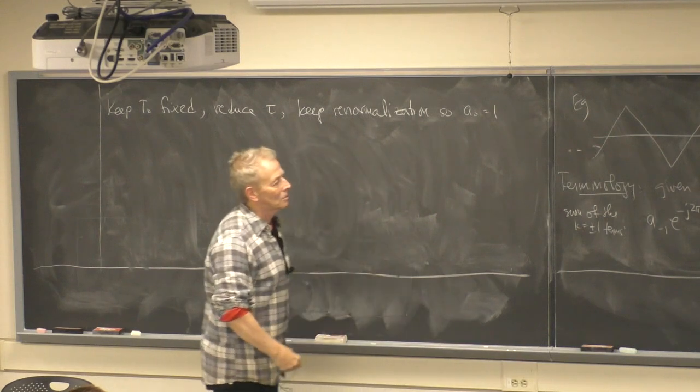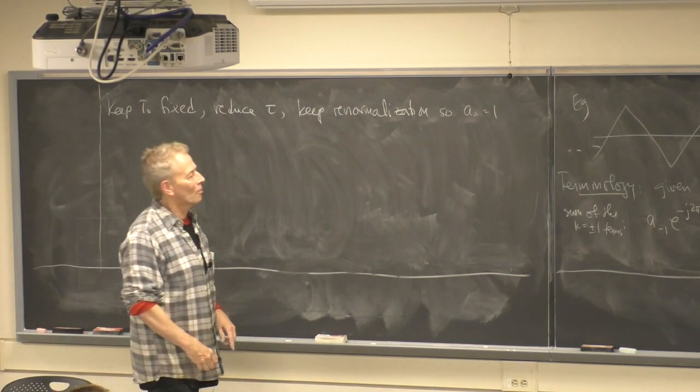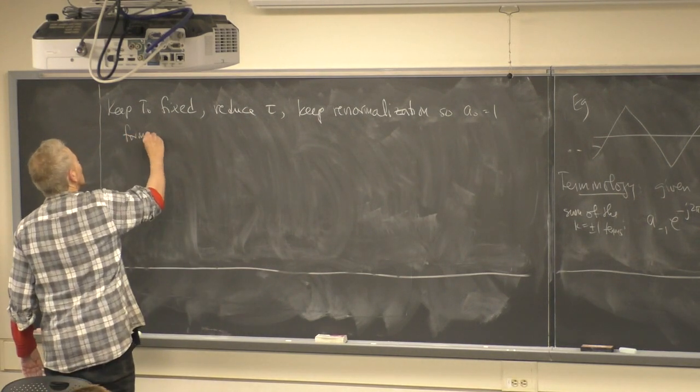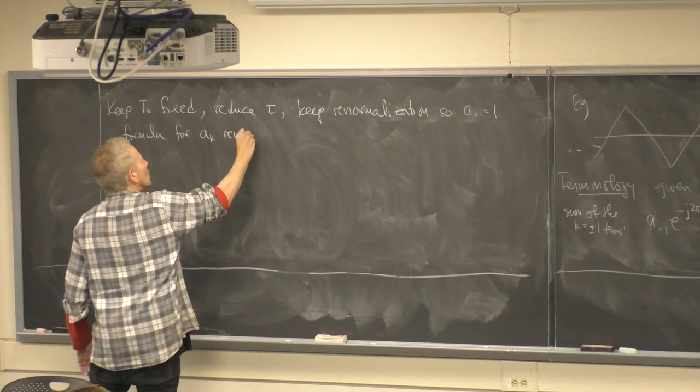What happens to these things? If you look at the formula for ak, what does it reveal?